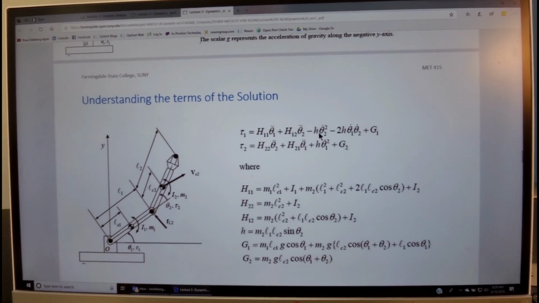And then we have also the centrifugal effect, where we see over here velocity squared times h, and h again is a complex expression of all the system parameters. And then we have something which is equivalent to the Coriolis acceleration or gyroscopic effect of the two angular velocities, and then we have the torque of gravity.